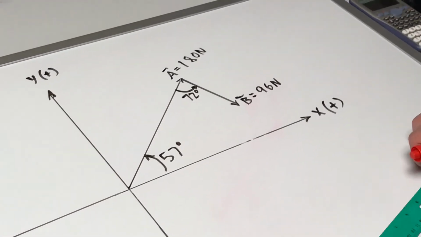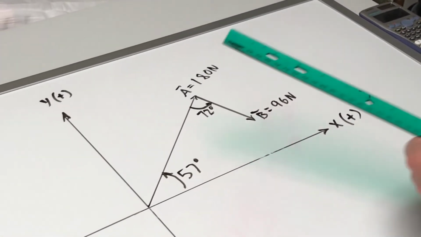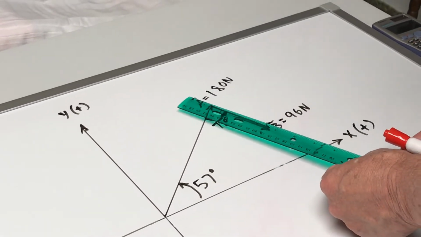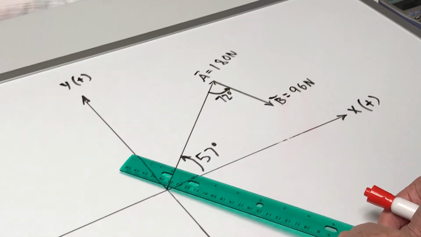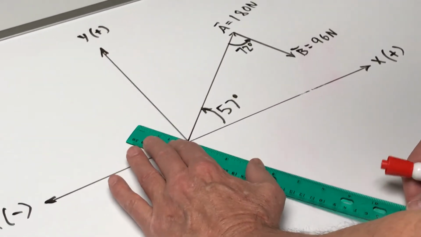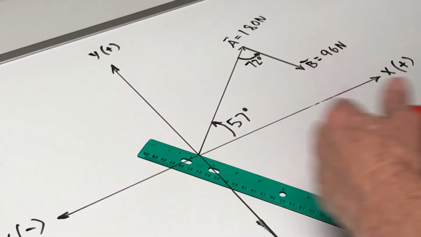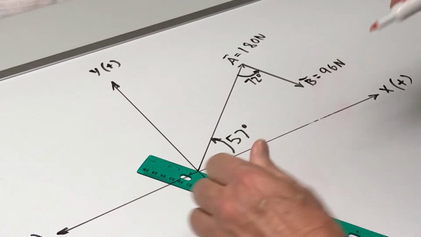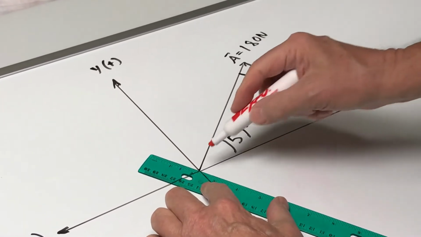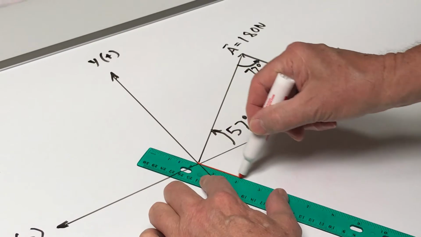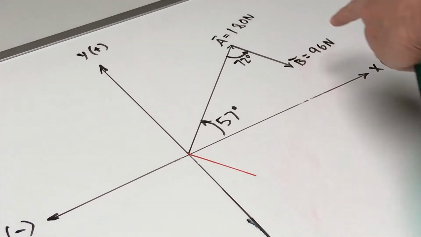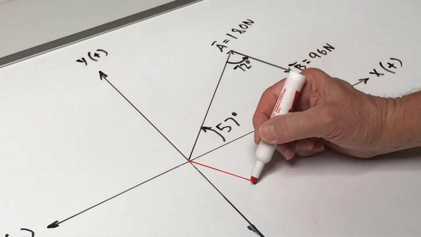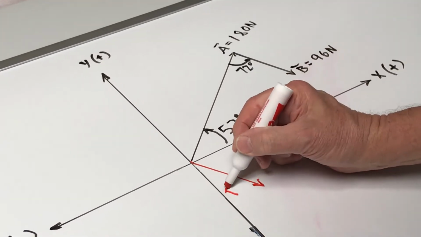Now, being that this is the parallelogram method, what we're going to do is come over here to vector B, slide down vector A, and stay parallel to vector B, and draw an identical vector parallel to vector B with the same magnitude.